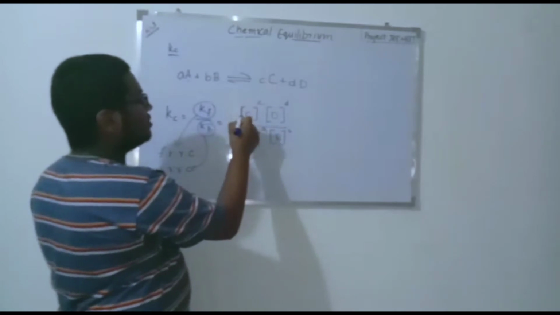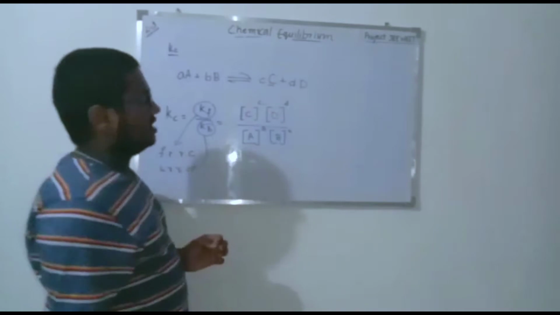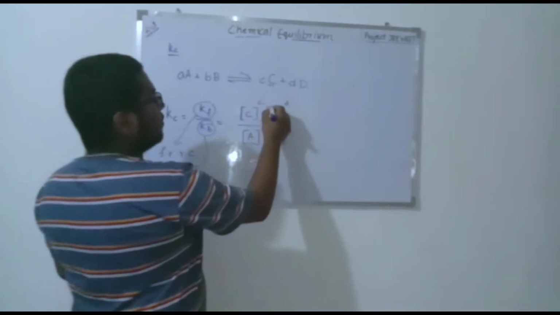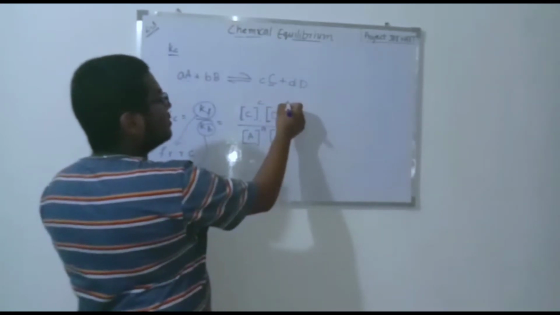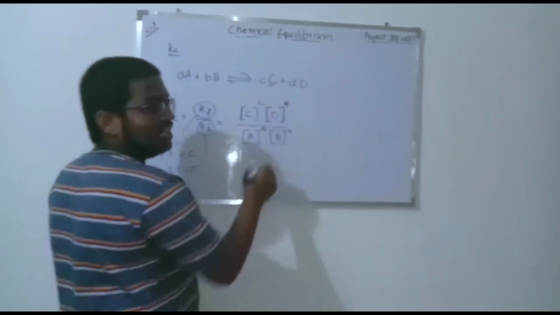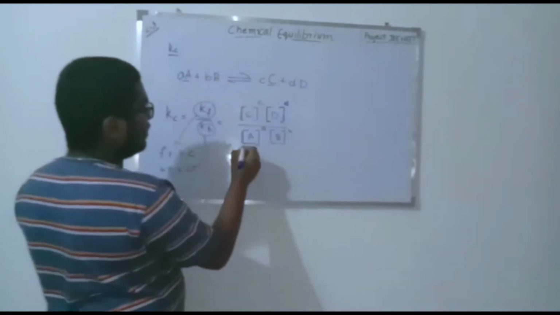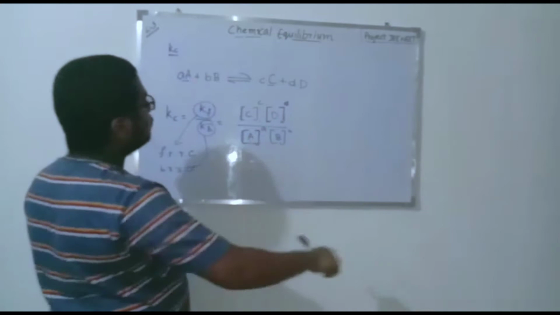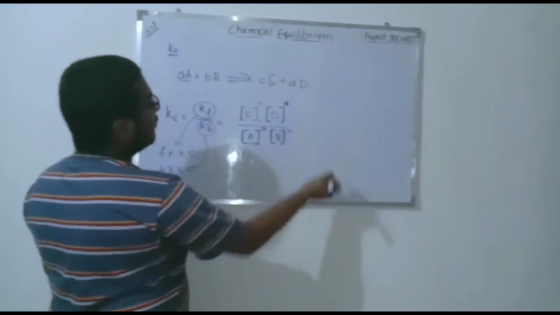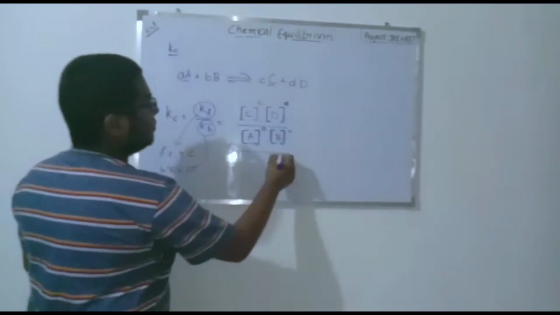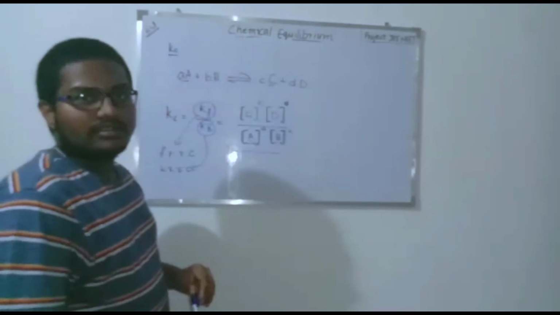So the concentration of this product raised to the power of its coefficient, into the concentration of the other product raised to the power of its coefficient, divided by the concentration of reactant A raised to the power of its coefficient, and the concentration of B raised to the power of its coefficient. This is the main formula we will be dealing with in this chapter.